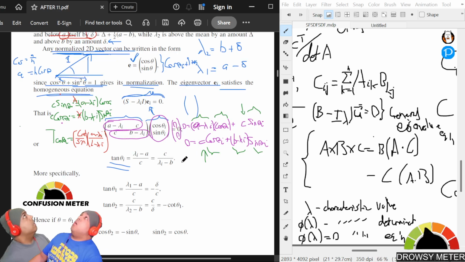So the first equation was 0 equals a minus lambda I cos theta I plus c sine theta I equals 0.